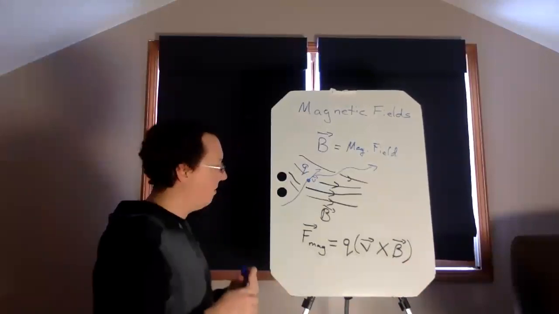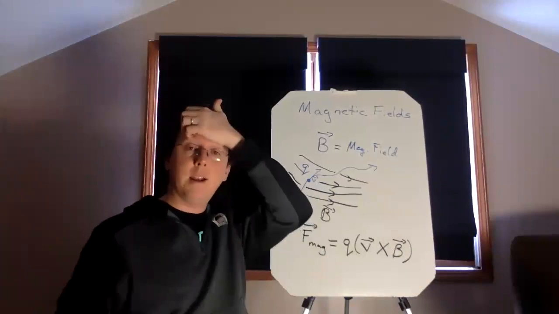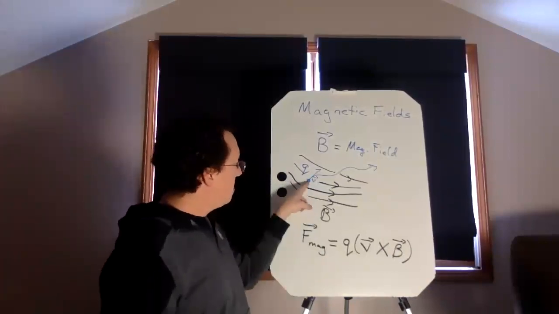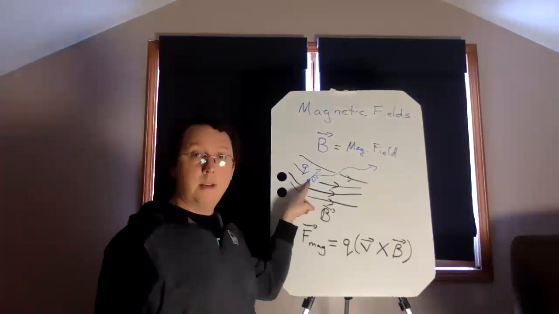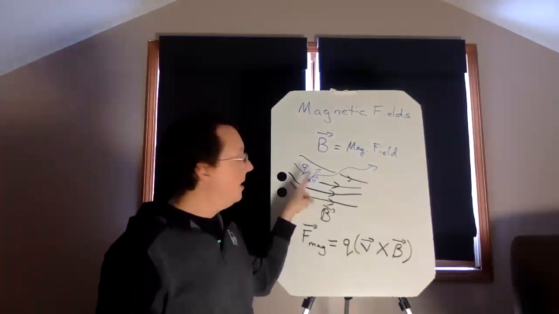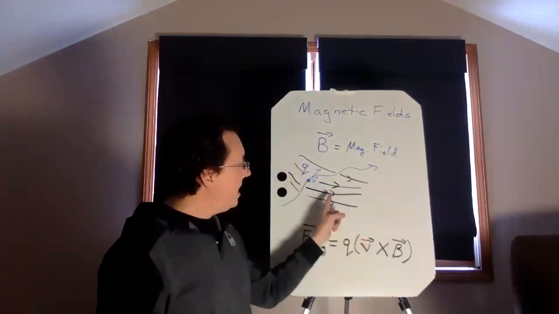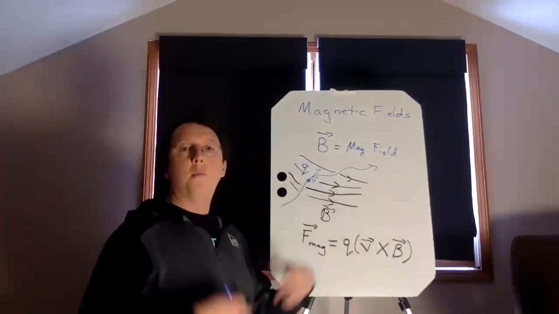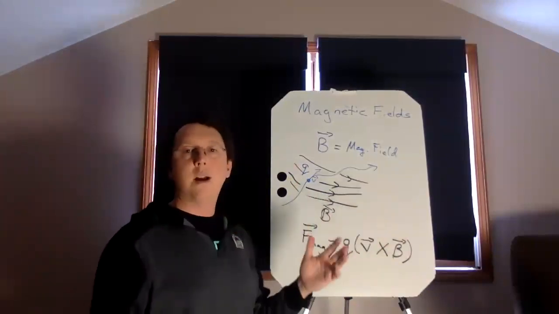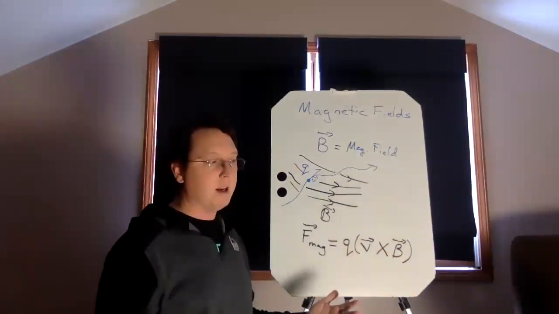Now, I haven't talked about how to create magnetic fields yet, but it works the same way. This particle is the one which feels the magnetic force, therefore it's the observer. And the magnetic field will come from other particles, let's say. It's going to turn out that moving particles create magnetic fields.